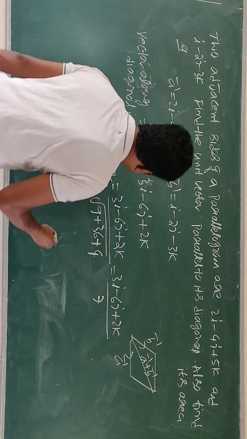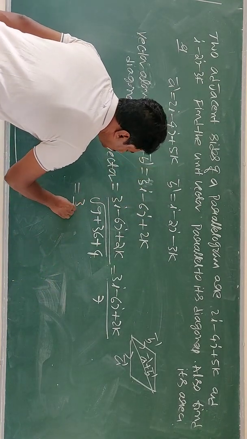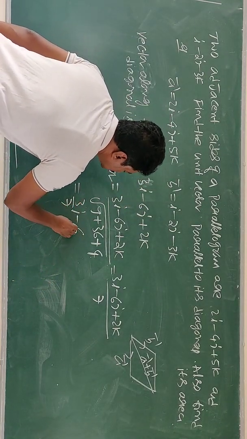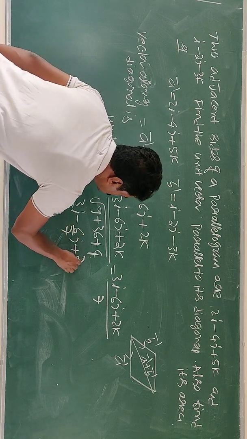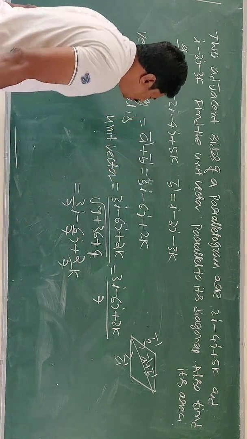So the unit vector is 3 by 7 i minus 6 by 7 j plus 2 by 7 k. We got the unit vector.